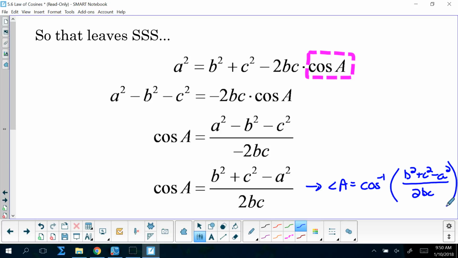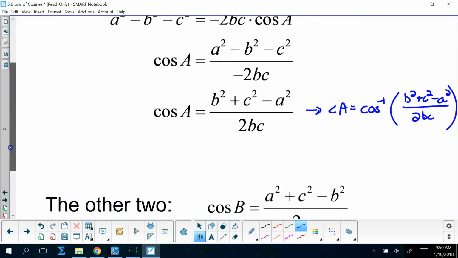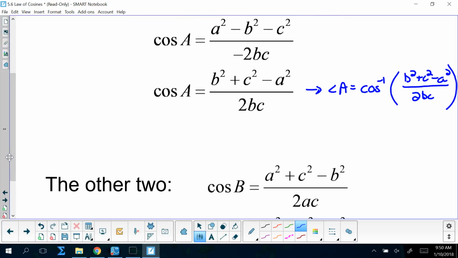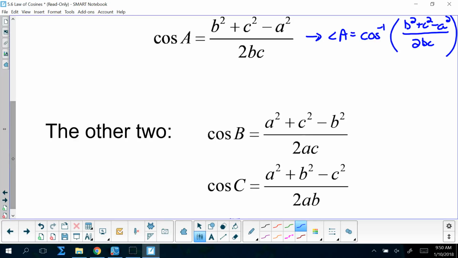So I find the biggest one first. Now, I could find the other two following the same pattern. So if I wanted to find angle B, I would switch A and B everywhere in the formula, right? Then I get the cosine of B is equal to a squared plus c squared minus b squared all over 2ac. If I wanted to find C, I would switch a and c from my original one, and I'd get that.